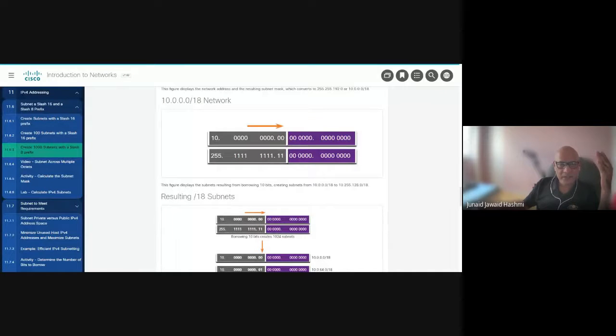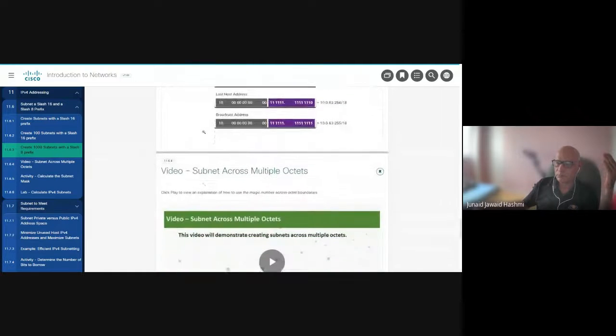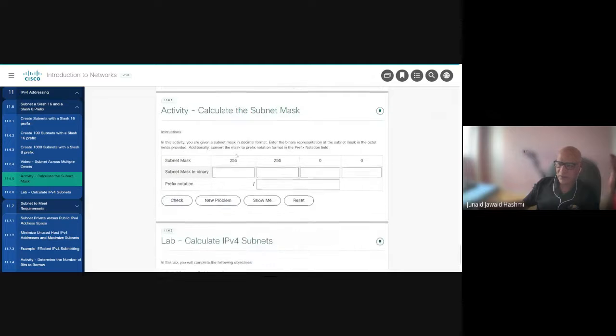It starts from 10, but the subnet mask is 24. Okay, because I use 16 bits for the network ID to convert into multiple subnets. So here you can watch this video, subnet across multiple octets. Okay, it explains.